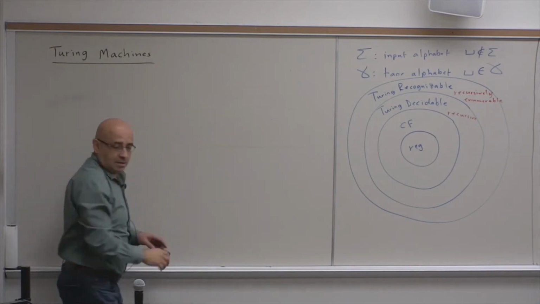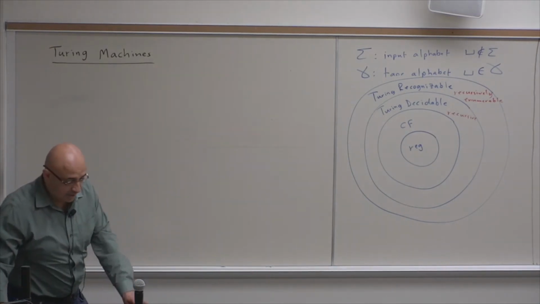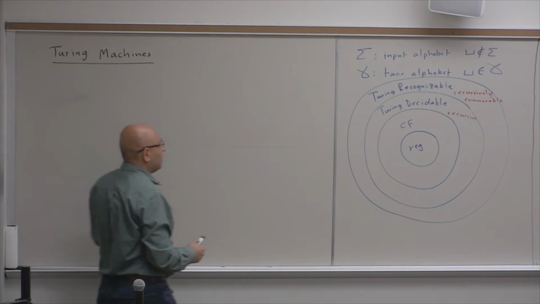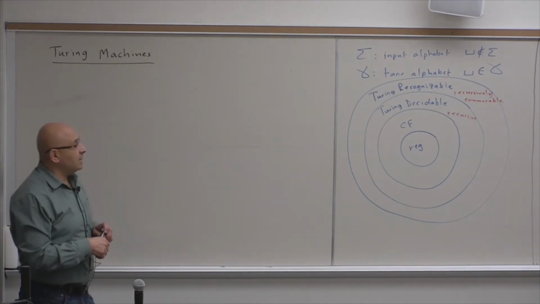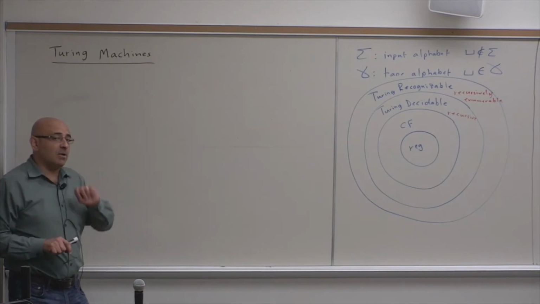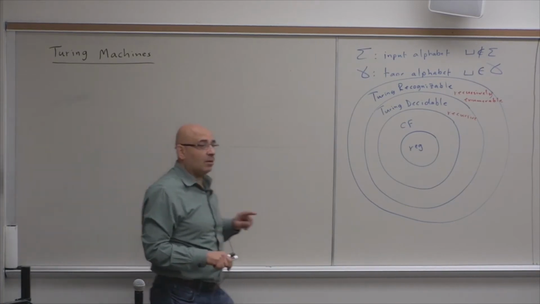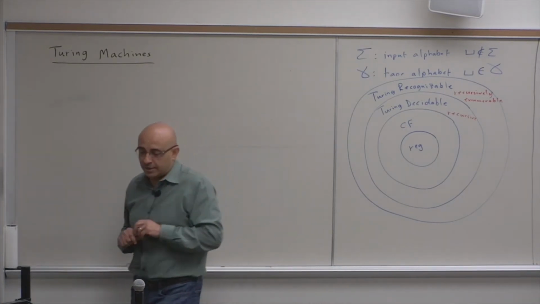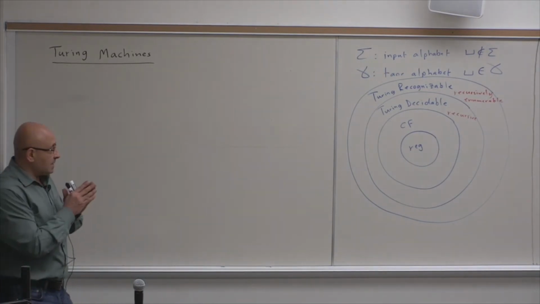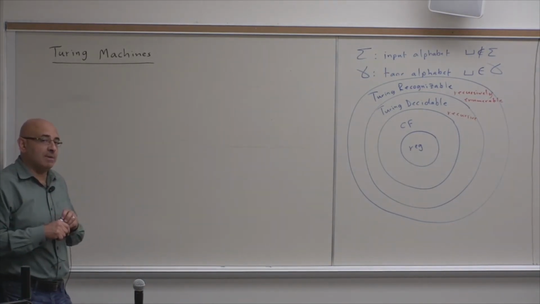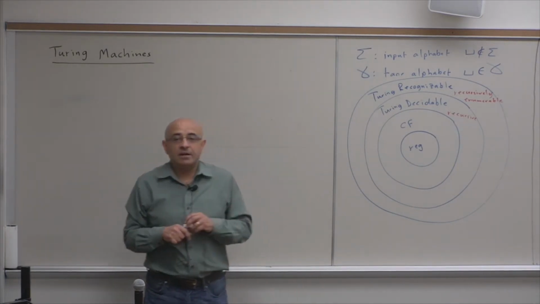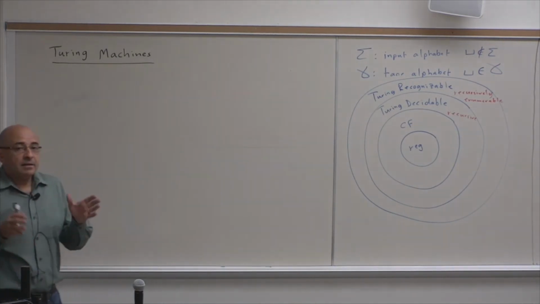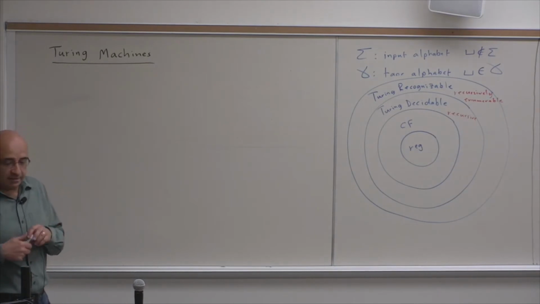By the way, a state diagram for a Turing machine is going to be messy, and we will only see one small example for one language, because it's messy. But most of the time, we will give a higher level description of a Turing machine, not a complete state diagram.